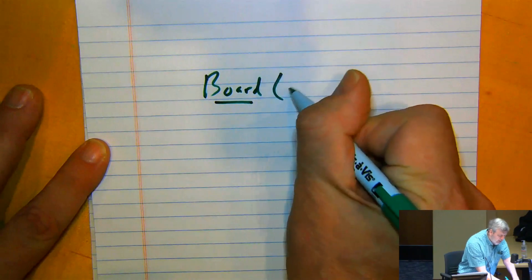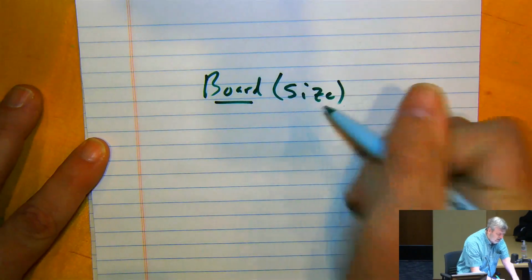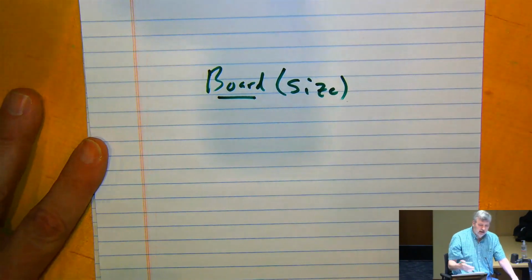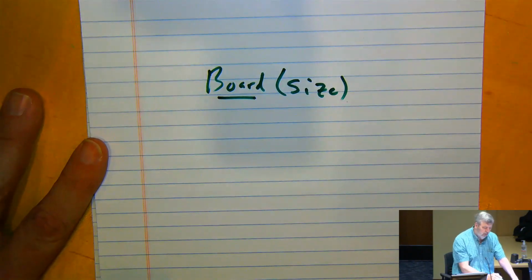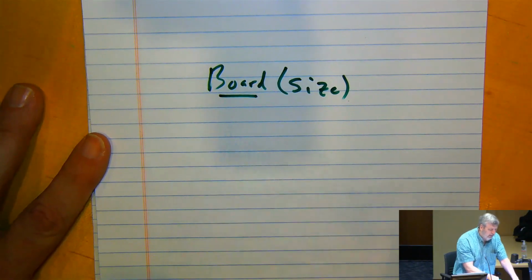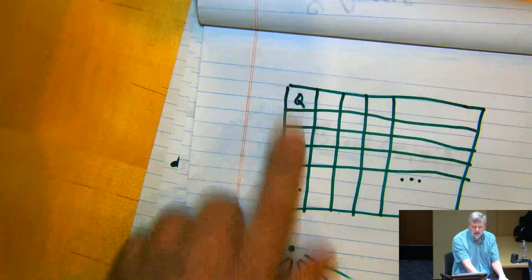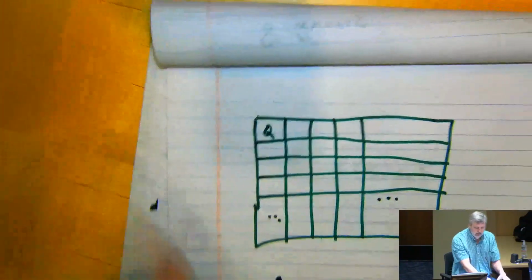I'm going to have a board class. And the board class is going to have a constructor that takes a size. And normally I ask the class for suggestions. What would be things I'd want a board object to be able to keep track of for me so that I could be doing things like this, putting a queen in some place in a column, considering other possible placements in other columns?